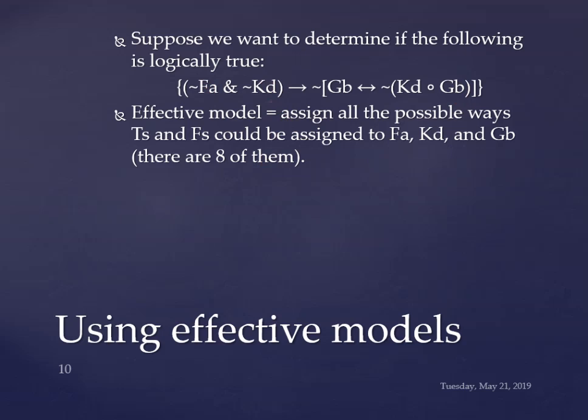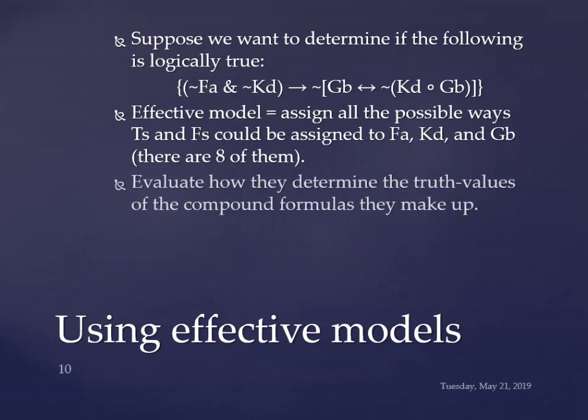I know from experience that there are 8 ways you can combine those things, and I'll tell you why later on. For now, just trust me that there are 8 ways to combine those 3 atomic formulas. After we have those 8 ways listed out, we evaluate how they determine the truth values of the compound formulas they make up.